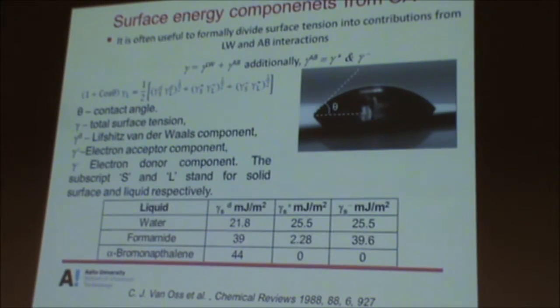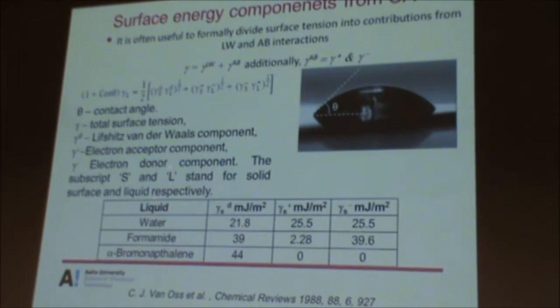Okay, so now here are some examples. Water has these properties, formamide has these properties, and bromonaphthalene has these properties. Now, you have an equation with 3 variables. For the solid, you don't know gamma S D, gamma S plus, gamma S minus. 3 variables.